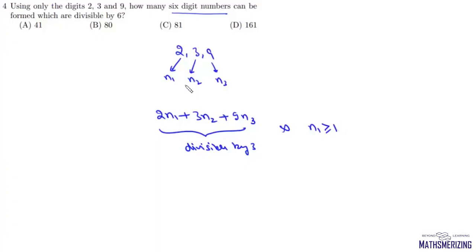And also it's a 6-digit number, so n1 plus n2 plus n3 must be equal to 6. Now this expression will be divisible by 3 when 2n1 is divisible by 3.